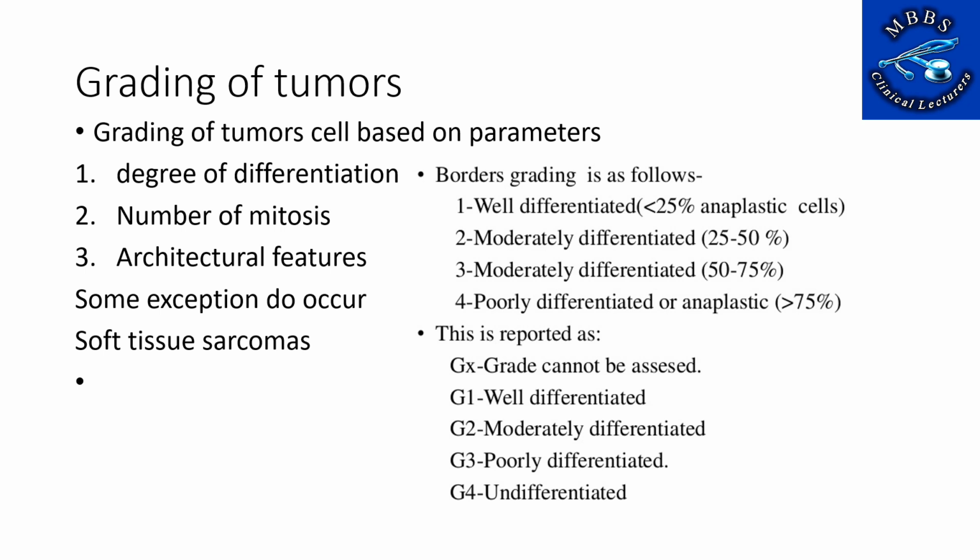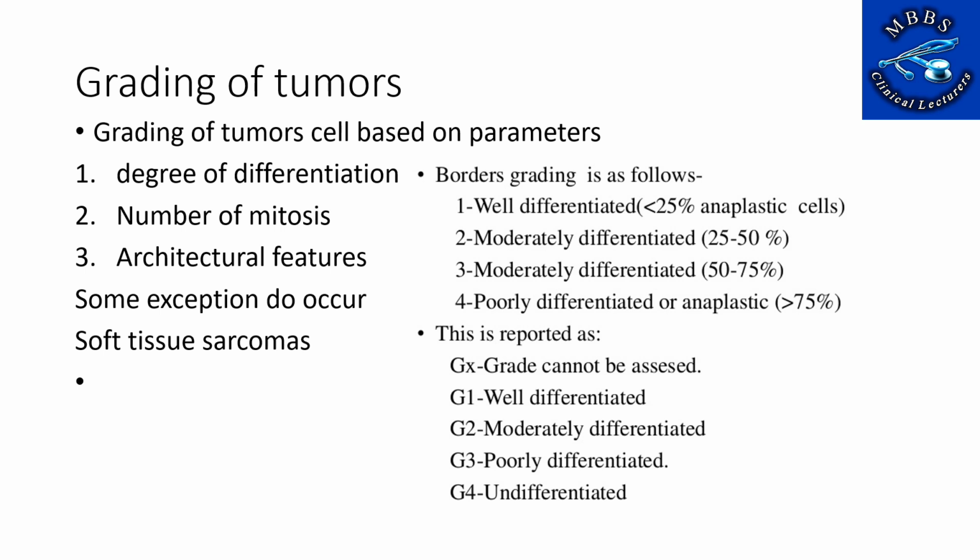But some exceptions do occur when we grade or classify the soft tissue tumors. These are mostly the sarcomas. We have difficulties in grading these tumors, that are the sarcomas.